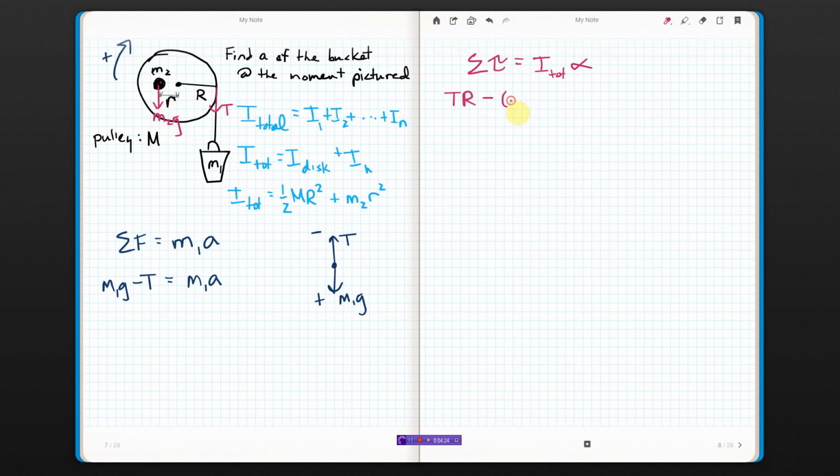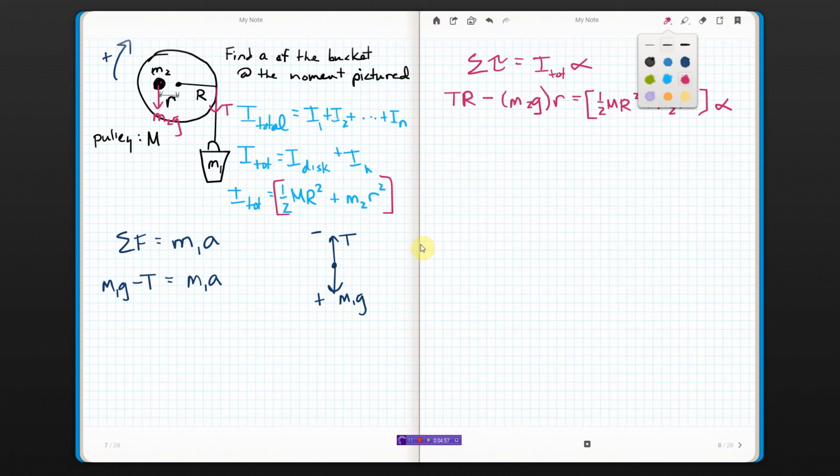The force is m2g at a distance of little r from the axis. That's it for torques. And then total inertia is all of this, and then I've got my alpha. Yuck.